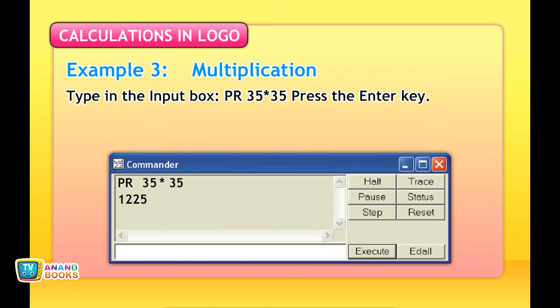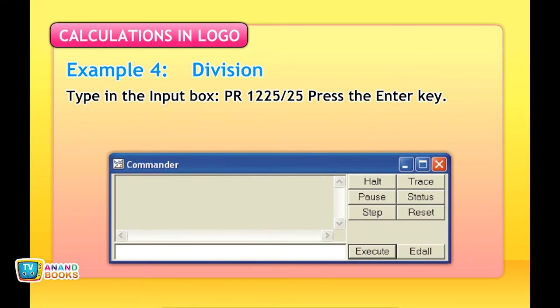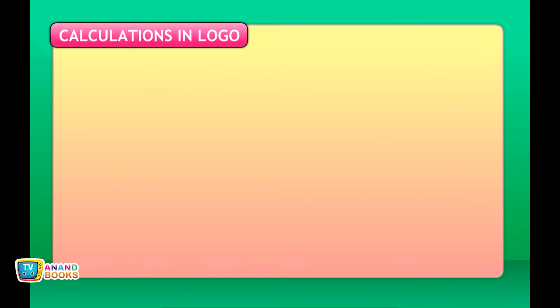Press the Enter key. See result in the recall list box. Example 4. Division. Type in the input box PR 1225 divided by 25. Press the Enter key. See result in the recall list box.